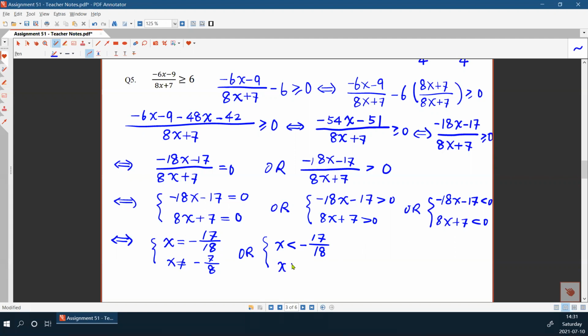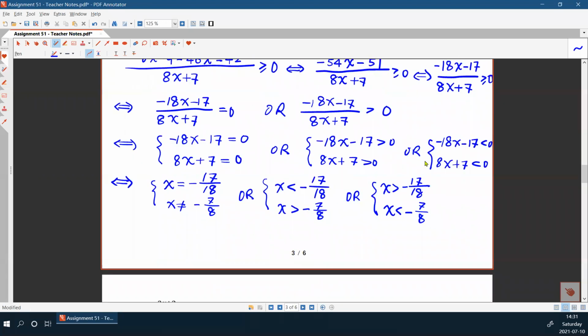Second, x must be greater than minus 7 over 8, right? Or the third branch, you must have x greater than minus 17 over 18, and x must also be smaller than 7 over 8, right?